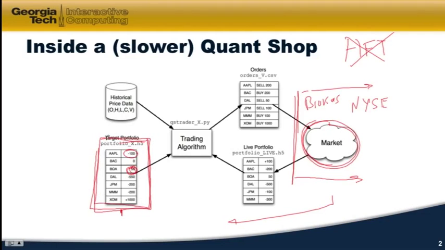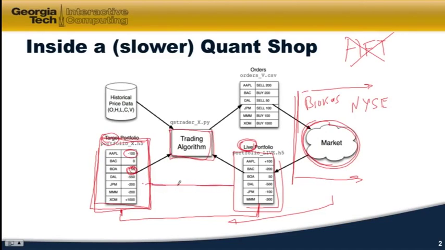The market opens, and at market open, the portfolio we currently hold and our target portfolio are not the same, but we want to cause our live portfolio to be the same as our target. So what we need is a trading algorithm that compares the two and issues appropriate orders to get these two in line.